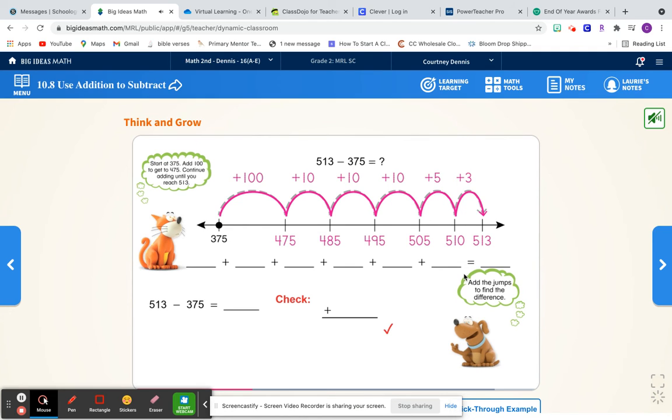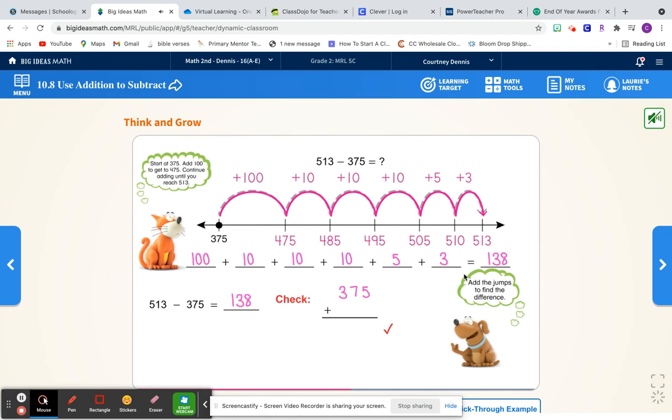You land on 513. Add the jumps to find the difference. 100 plus 10 plus 10 plus 10 plus 5 plus 3 equals 138. So 513 minus 375 equals 138.